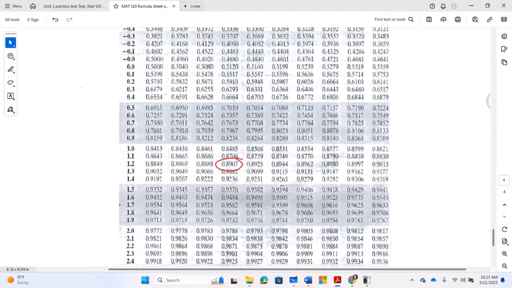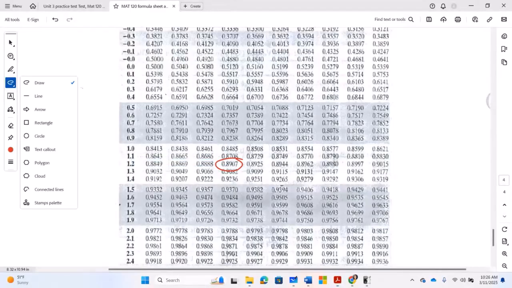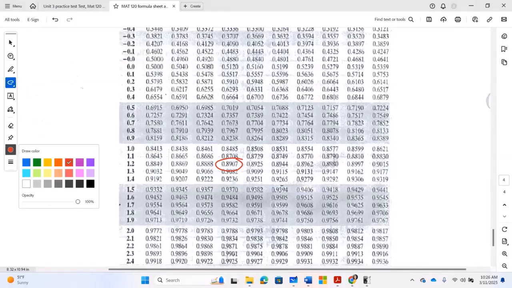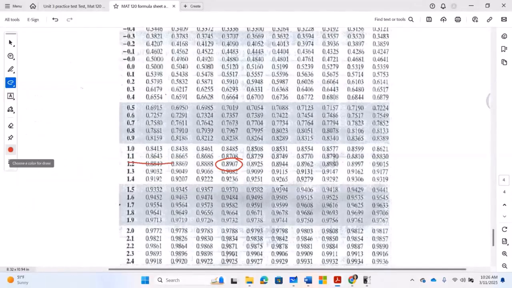And so I will draw a line on the left to meet that 0.89, and also draw a line from the right.